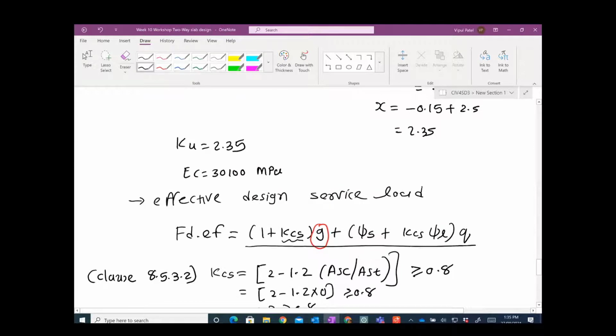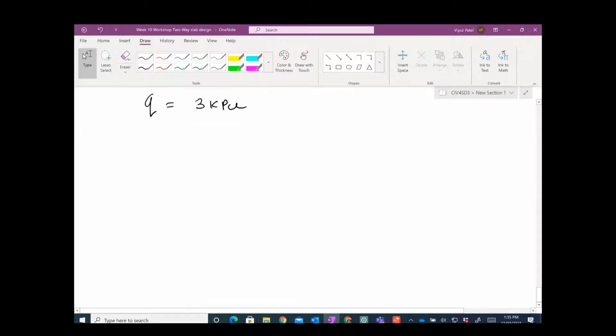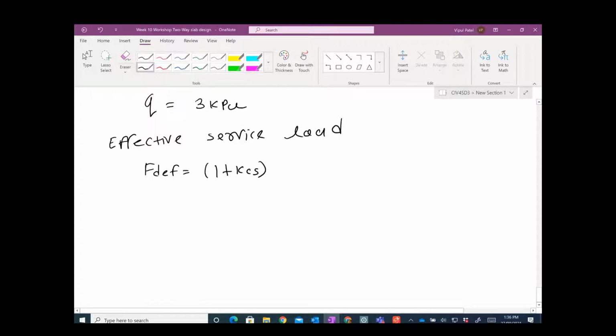So now we're going to use these equations to calculate the FD effective, the effective service load, which is (1 plus KCS) G plus (psi S plus KCS psi L) times the live load.